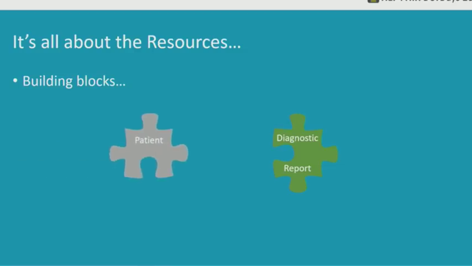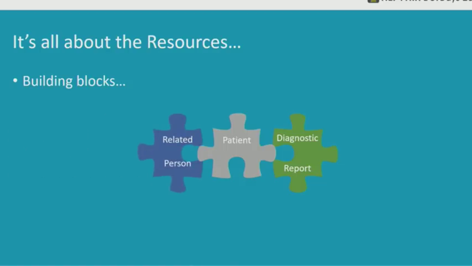There are references, and it may reference a patient that's involved in that report. The patient itself may have related persons connected to it, so next of kin and so forth. The report itself is probably done at a certain location or facility, and there are probably one or more practitioners that are involved in that report.